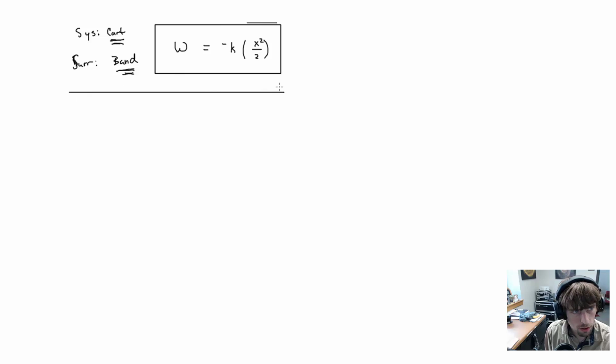Now, if we put our system as the cart and the band, and as our surroundings, we have the earth and the surface, but they don't do any work. So I'll put band, earth, and surface here. They were there for our first problem.